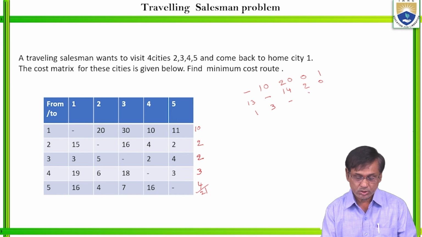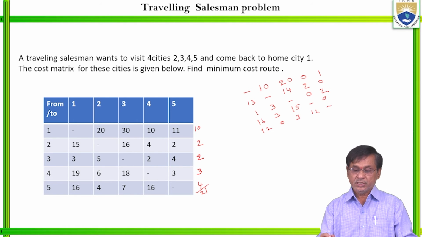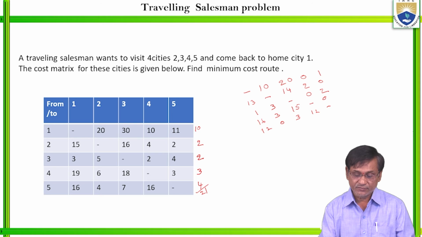So here, this is 2 minus 2 is 0, and 4 minus 2 is 2. Next 3. This is 16. This is 3. This is 15. This is the dash. This is 0. Next, here the smallest element is 4. That is 12, 0, 3, 12, dash. So this is reduced after deducting the smallest element in each row.